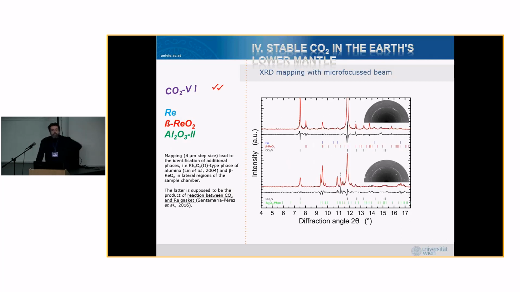But the question was, why did all the other people say it's breaking down? Then we did some scanning through our pressure chamber, and we recognized we have beta rhenium dioxide. And the rhenium is the material that we use for the gasket. Then we knew what happened.